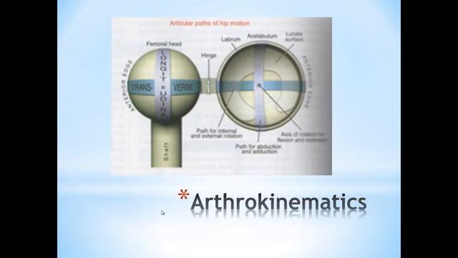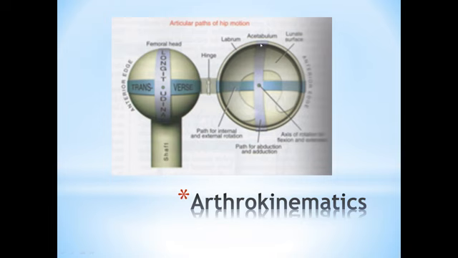But the shape of the acetabulum and the shape of the femoral head is pretty spherical. So we don't have as much gliding and sliding that would occur with a concurrent amount of rotation. But this kind of gives us an idea of the path of the spinning that occurs.